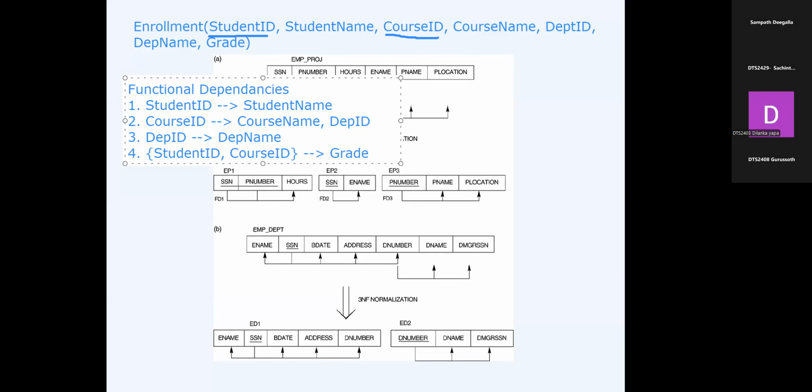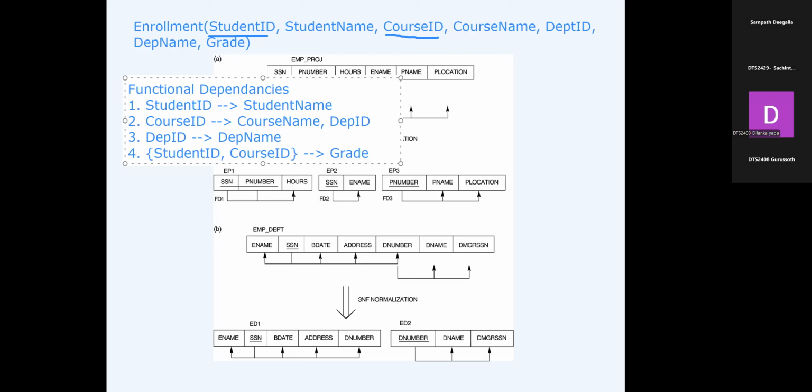Given this enrollment relation, now we can identify 4 functional dependencies. Using student ID, we can functionally determine the student name. Using course ID, you can determine the course name, and I have added department ID because usually you have a department involved in offering the course. Then using department ID, you can determine the department name.